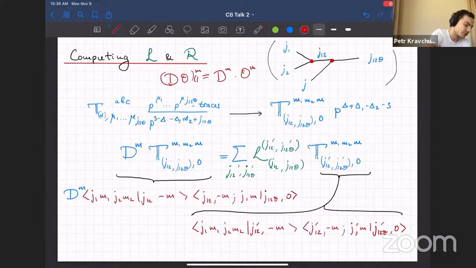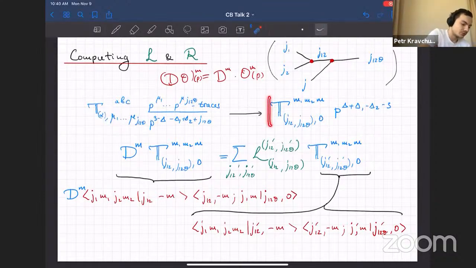So everything is a function of momentum. So this M describes the projection of spin onto P. Here I'm just using some more abstract indices, and if I go to the indices which have the same meaning in momentum space, I have M1, M2, M, but the index for this trace symmetric representation is just going to be the spin projection 0, because here all the indices are contracted with P. So it doesn't have any spin projection on P.